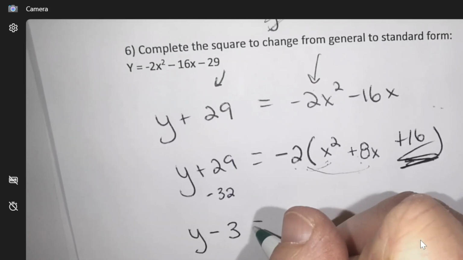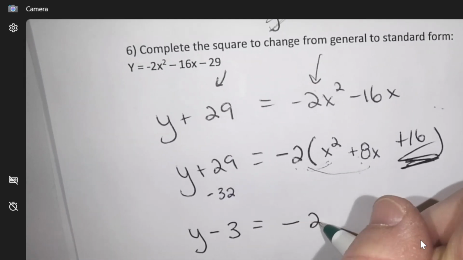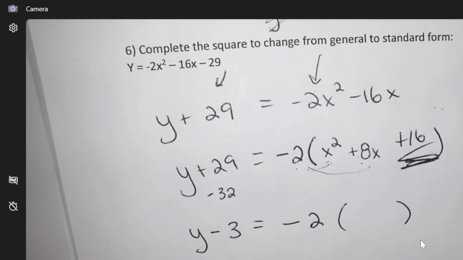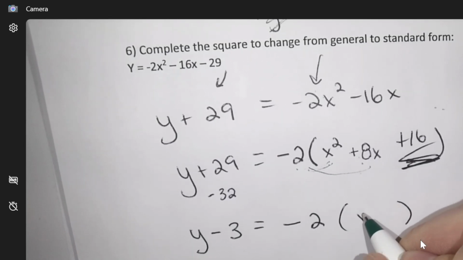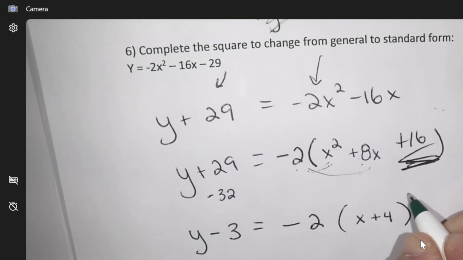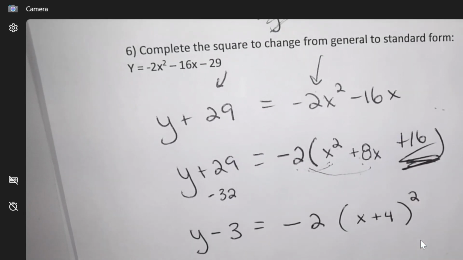So y minus 3, -2, something that's going to make a perfect square. X plus 4 squared on the outside.